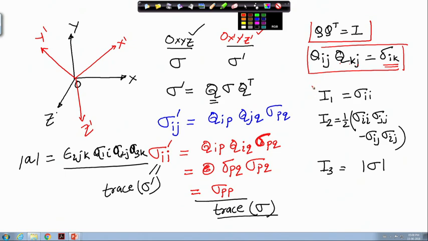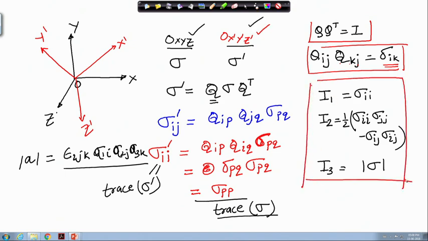What is the physical interpretation of these three invariants? We will discuss that. Now, what we have done so far is to see how to represent stress at a point in two dimensions as well as in three dimensions.